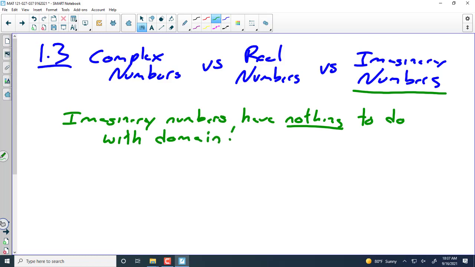Today I'm going to break a rule, and I'm going to take the square root of a negative number, which I told you is not allowed. When I do that, it's going to lead to these things called imaginary numbers, but we still are not going to let imaginary numbers enter our thinking when we're talking about domain.